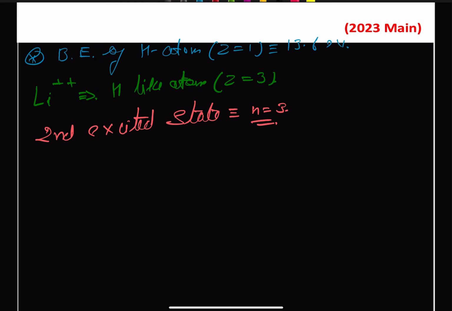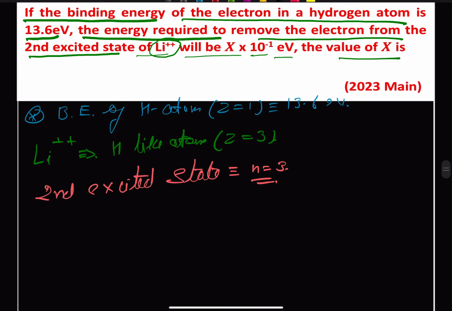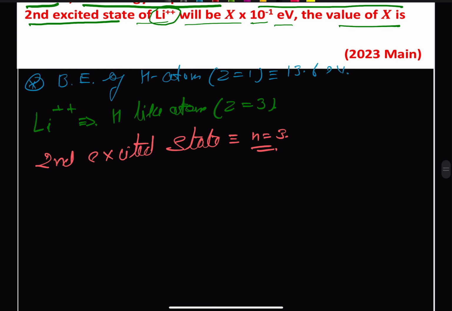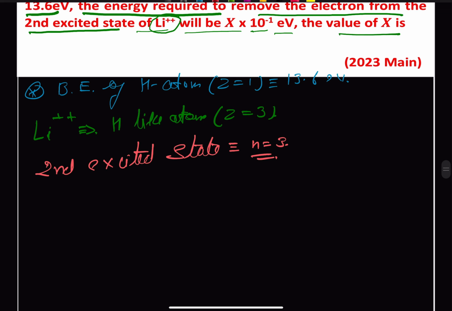And we are supposed to find the energy required to remove the electron from the second excited state. So basically in this case it is asking about the ionization energy.